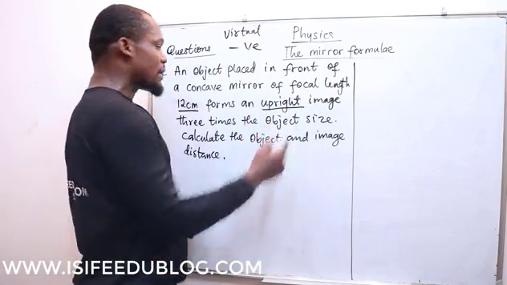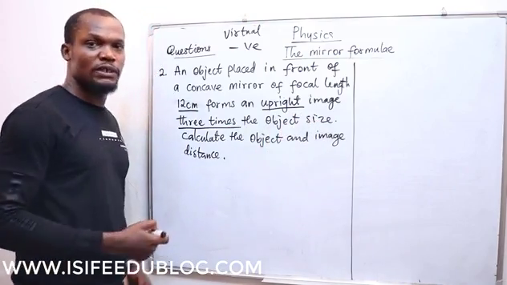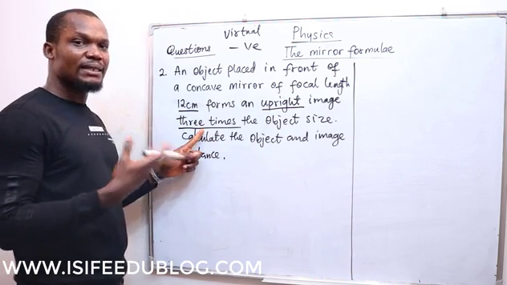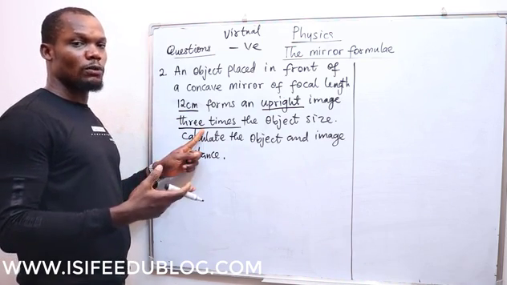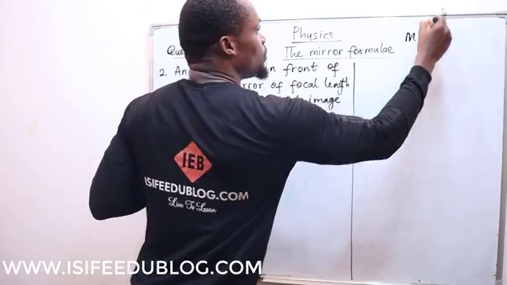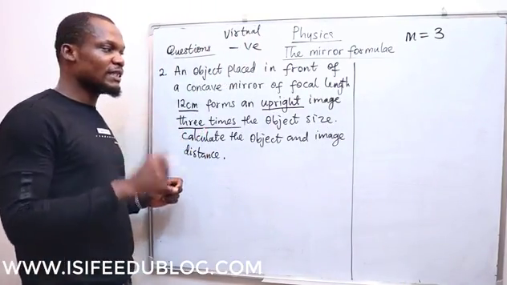So it forms an upright image 3 times the size of the object. So the image size is 3 times the size of the object, which means that the magnification is equal to 3. And this is a virtual image.